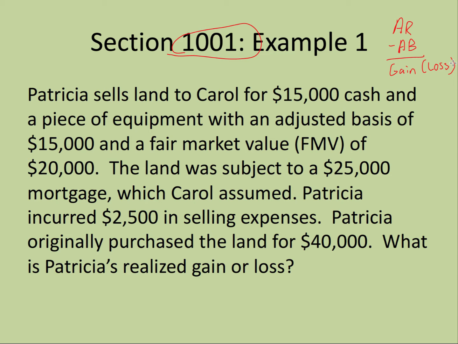We're told that Patricia sells, so she's selling land for $15,000 cash and a piece of equipment. Not only is Patricia selling in the sense that she's receiving cash, there's an exchange because she's receiving property other than cash that's materially different. So we do have a sale.